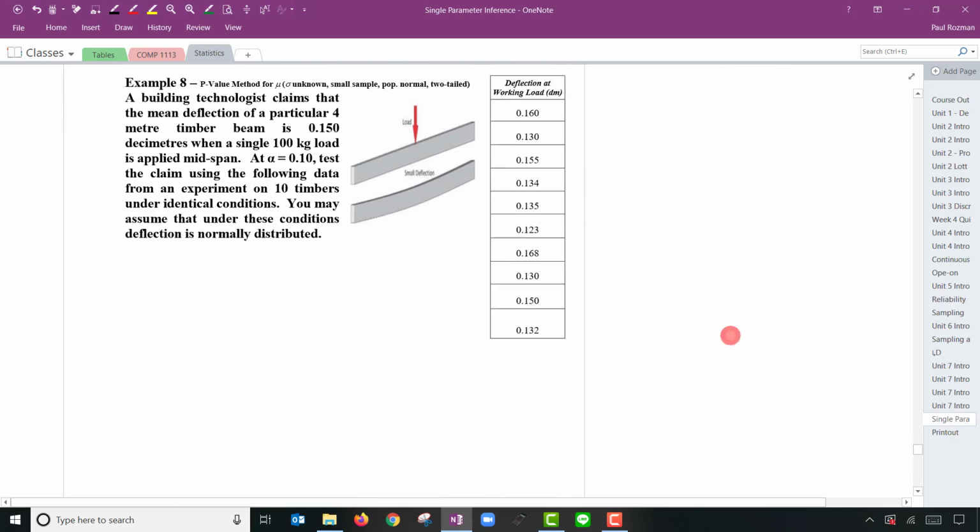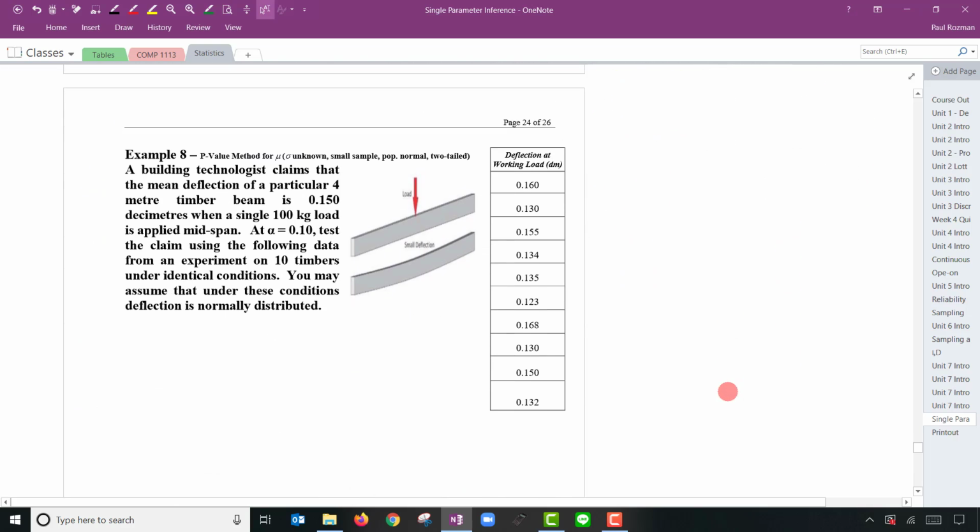Let's do one more quick example. Hopefully we can get quicker at these as we go. Maybe we won't do both methods to speed it up. We have a beam and we're applying a load to the center of it, and then we're measuring the deflection.